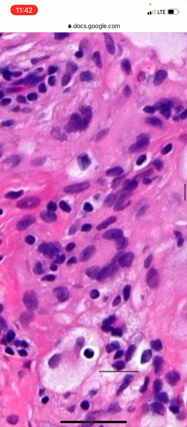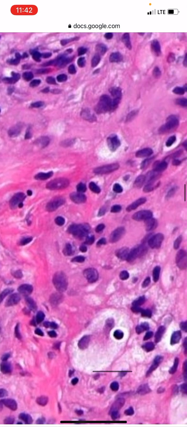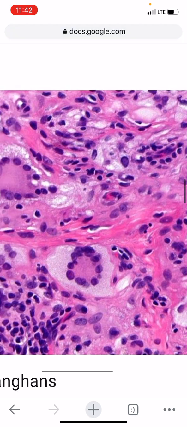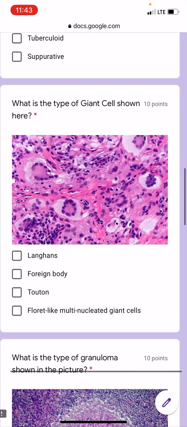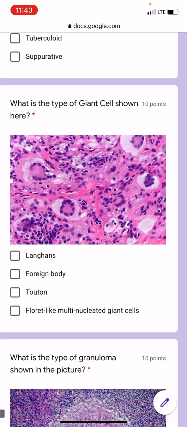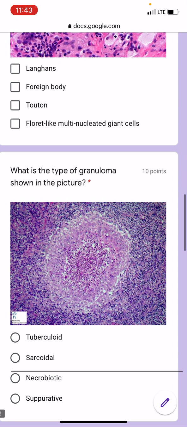Now, if you're seeing this type of giant cell, yes, you can confuse this with a Langerhans giant cell because the nucleus is sort of horseshoe shaped, but however, the cytoplasm is again foamy. And in this context, this is a two-tone giant cell. Floret-like multinucleate giant cells are basically giant cell fibroblasts which form giant cells, and that is not related to a granulomatous condition. You can Google that and learn about it, but it's not necessary for dermatologists as such.